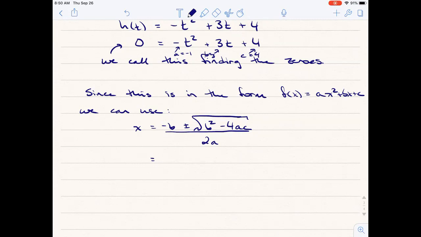So we've got -3 plus minus the square root of 3 squared minus 4 times -1 times 4 over 2 times -1.